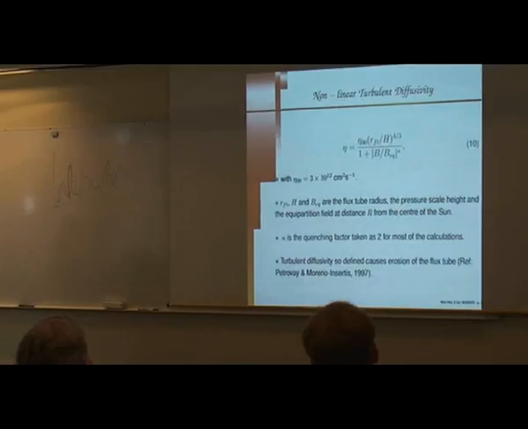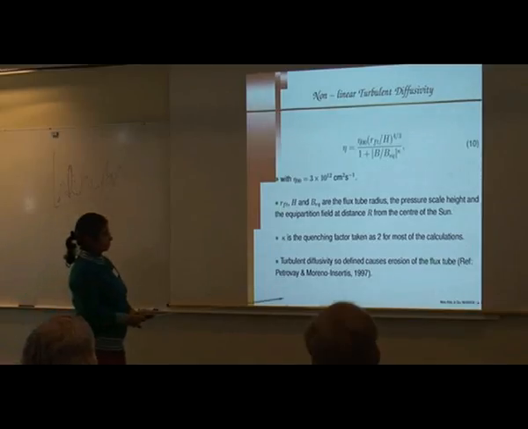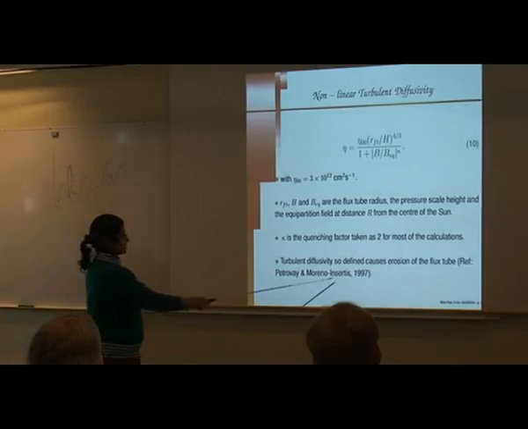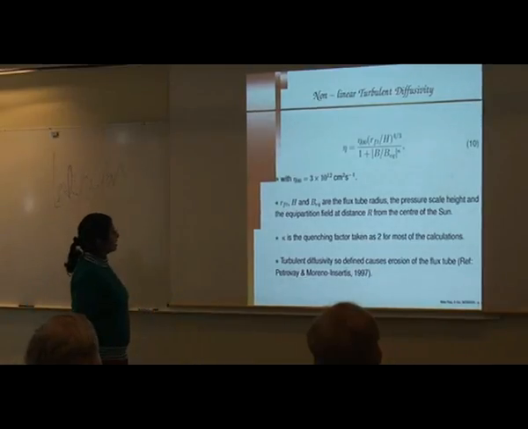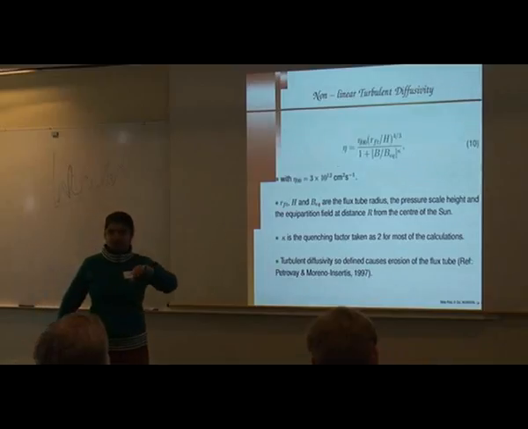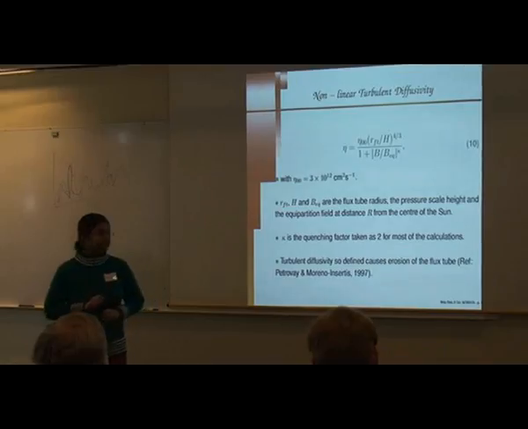Excuse me, your last remark, turbulent diffusivity, in this paper the kappa was 7, wasn't it? What? In this paper, Petrovay and Moreno-Insertis, the kappa was 7. I think they also probably varied their kappa, but I don't think it was as large as 7. I'll look that up.